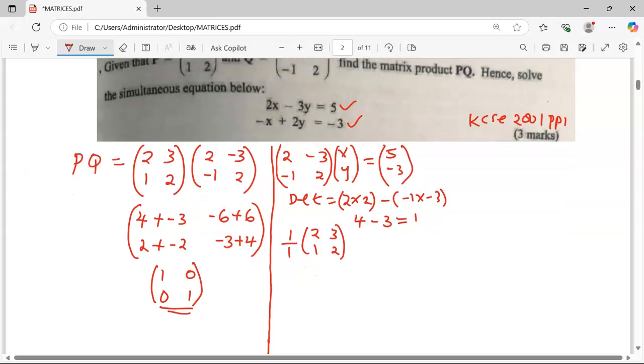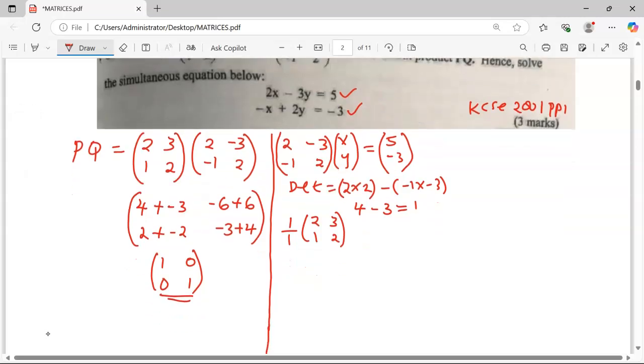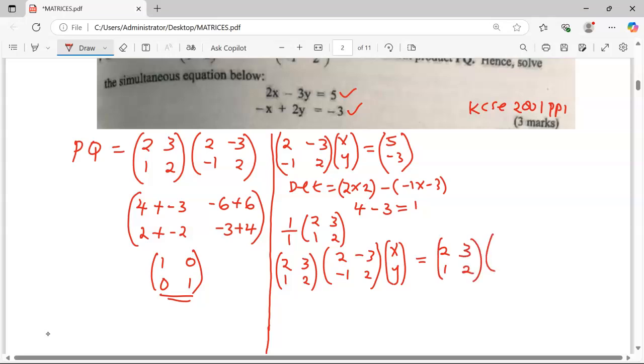Once we have the inverse, we can now multiply by the inverse on both sides of the equation. That is 1 over 1 is 1, and therefore the inverse is going to be 2, 1, 3, 2. We multiply this by 2, negative 1, negative 3, 2, times x, y, and this is going to give us the inverse, which is 2, 1, 3, 2, multiplied by the constants, which is 5, negative 3.